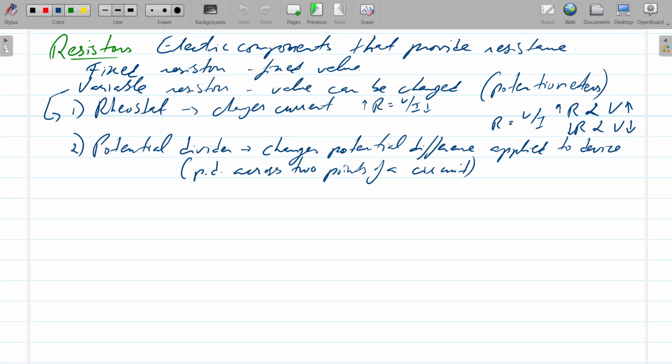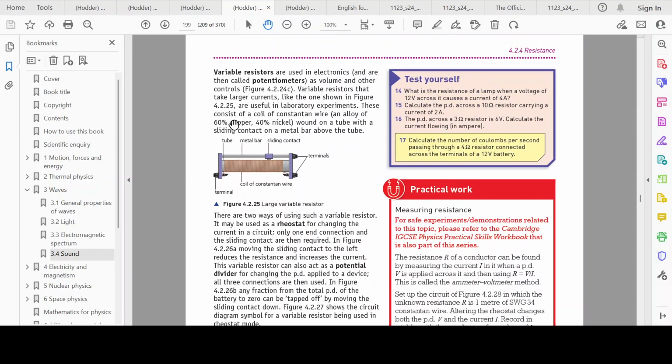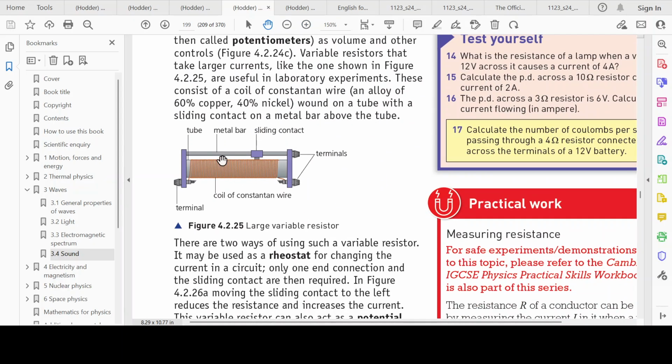Now, just to show you from the book, the way they are drawn in a circuit. Let me put that up. So this is a variable resistor. This is what it looks like. And so you can see this is a coil of wire.